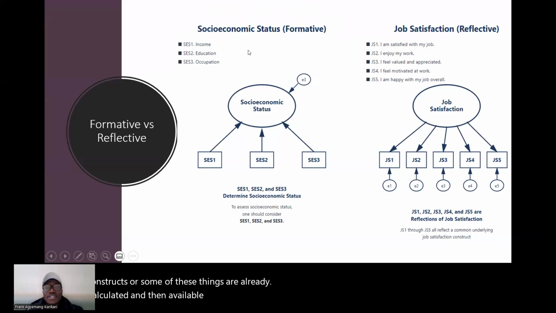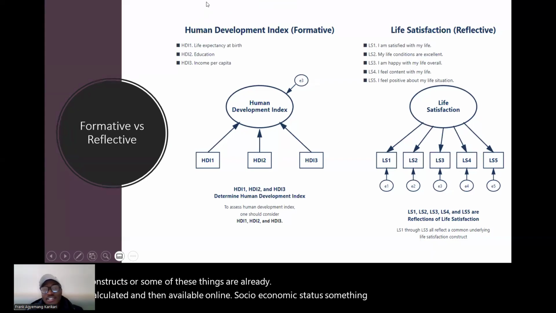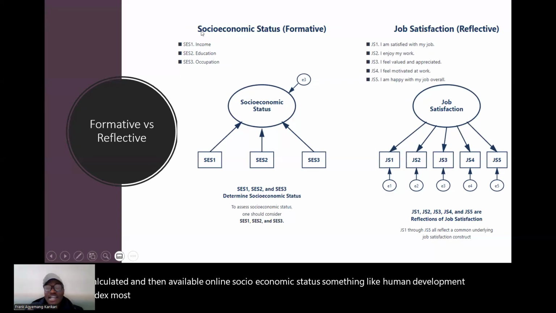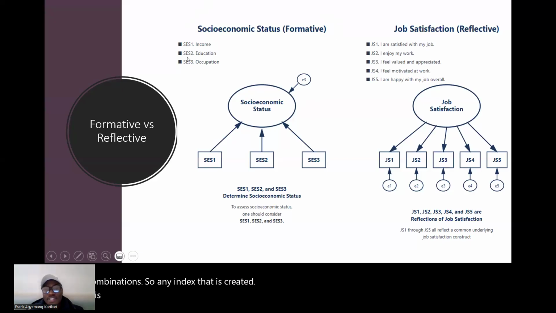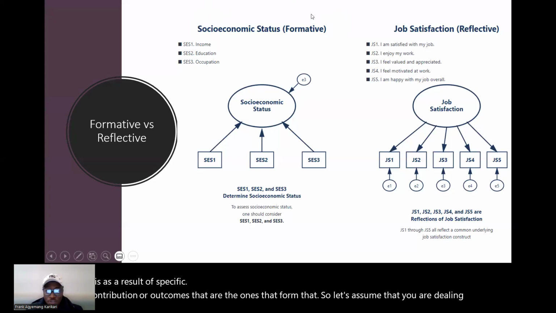Socioeconomic status, something like the Human Development Index. Most of these indexes are created, okay, but basically they are created as a result of these combinations. So any index that is created is as a result of specific contributions or outcomes that are the ones that form that. So let's assume that you are dealing with socioeconomic status.